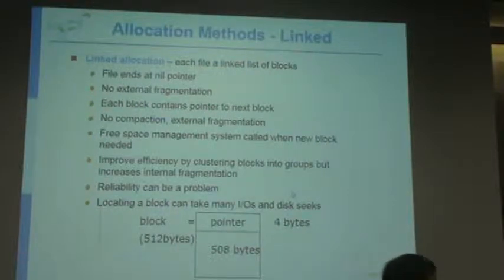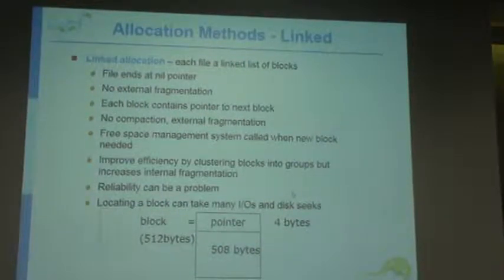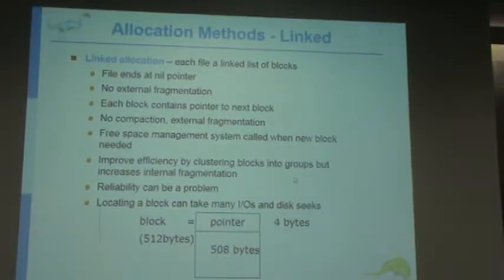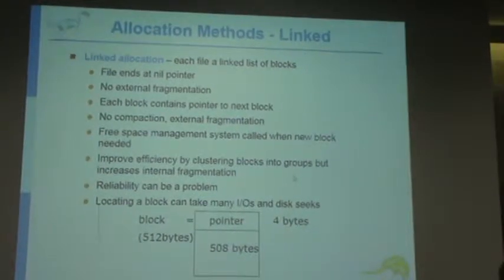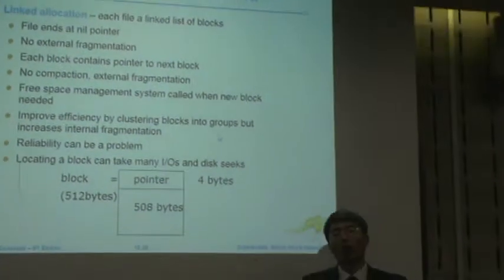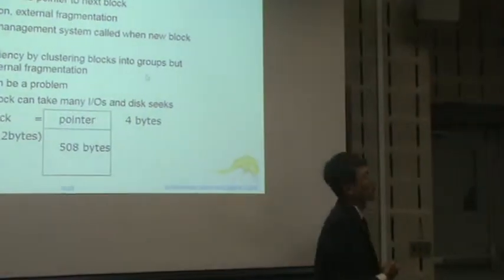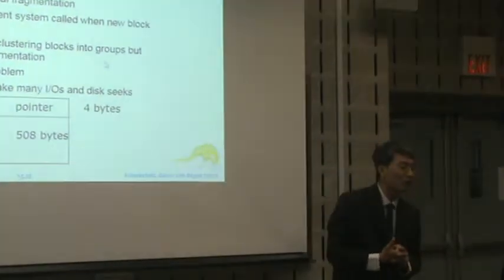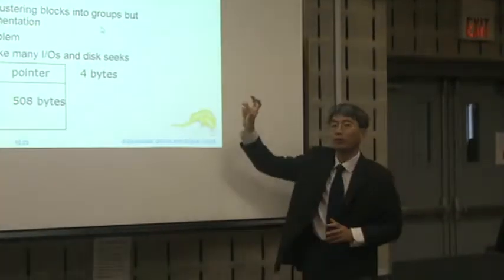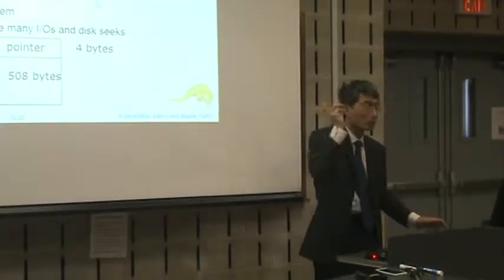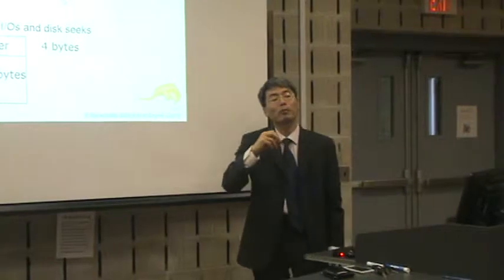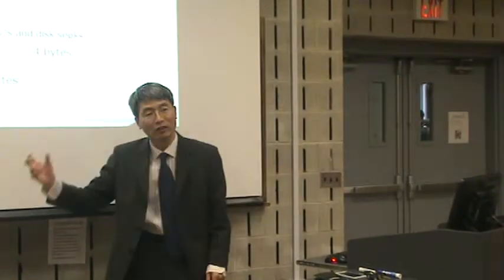When we store file data using linked allocation, unlike contiguous allocation, we don't have to find a big chunk that can keep the entire file. Instead, we find any available free block and store the data. If you need more blocks, you find another one.